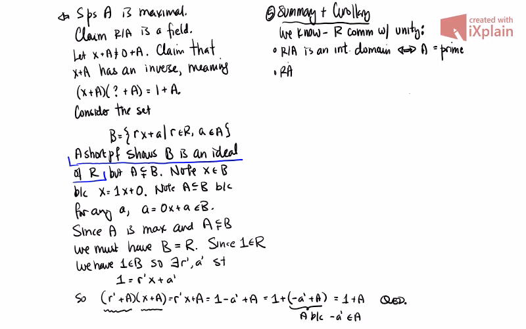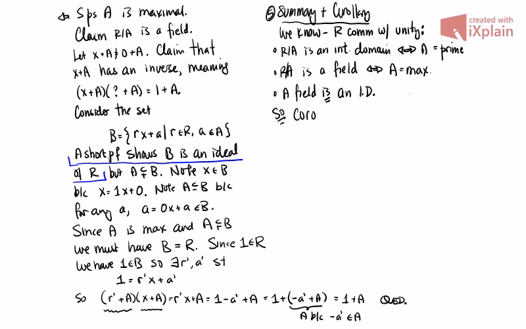The second thing we proved is that R mod A is a field if and only if A is maximal. But we also know that a field is an integral domain. In other words, if you are a field, then you are an integral domain.